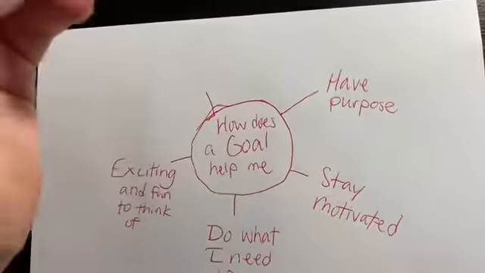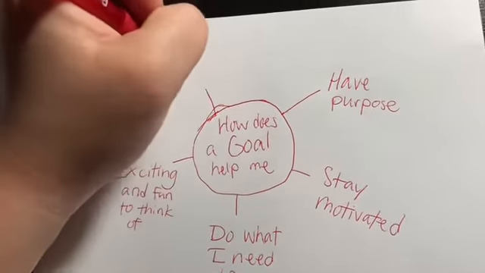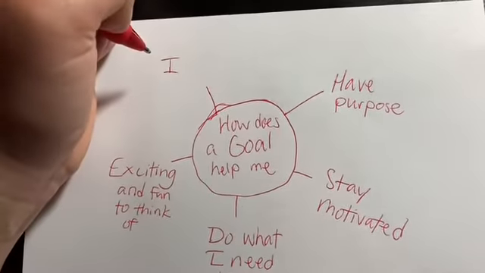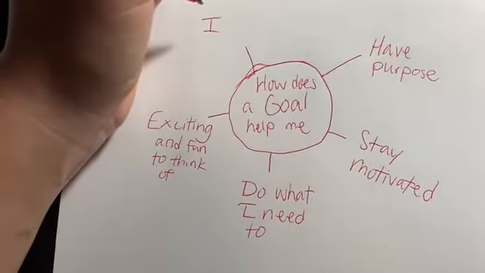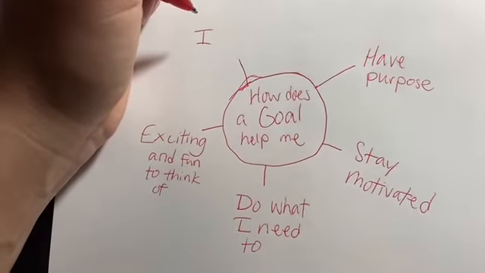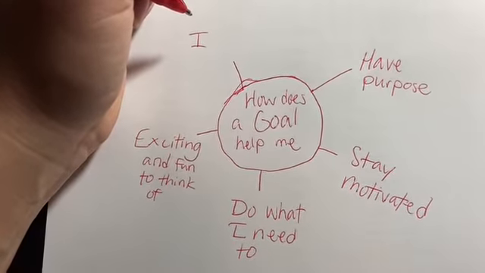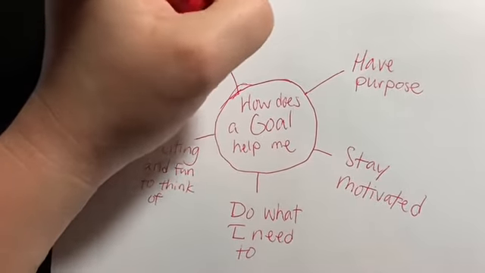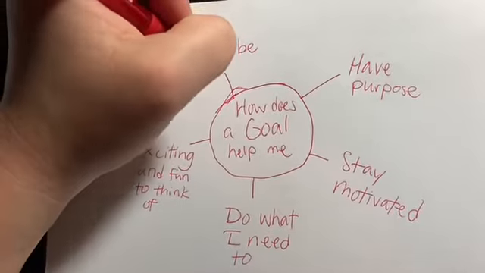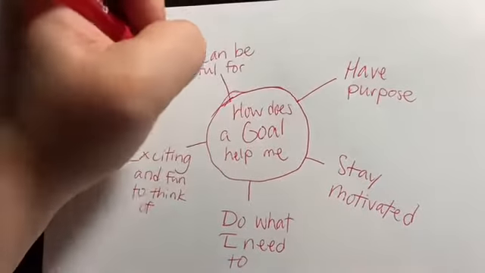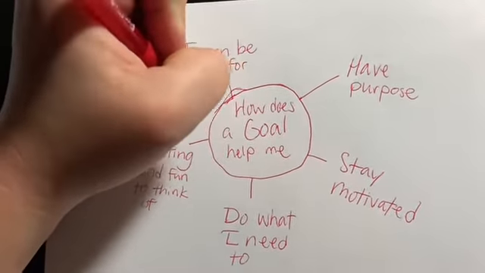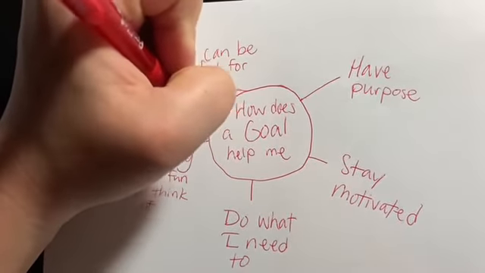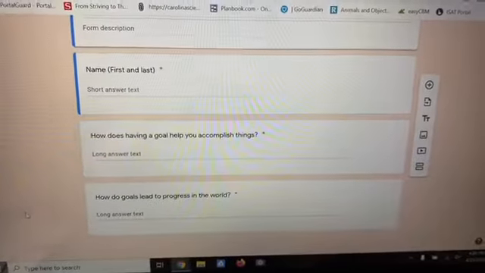And when I have a goal that I want to reach, then I can picture the future, which, of course, I'm no fortune teller, but picturing who I want to become helps me be a better person now. So I can be hopeful for when I reach that goal. So now, using this brainstorm, I'll be able to write my answer a lot better.